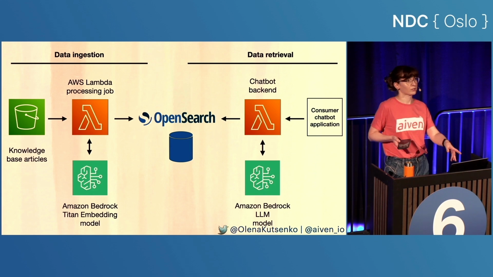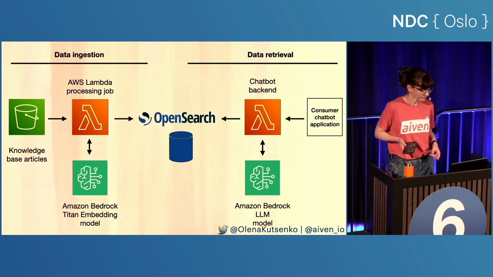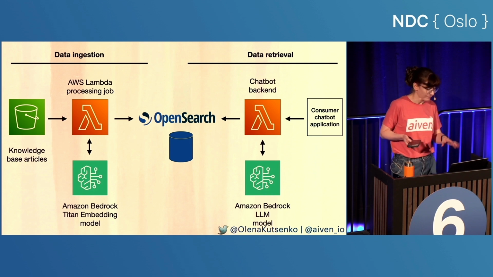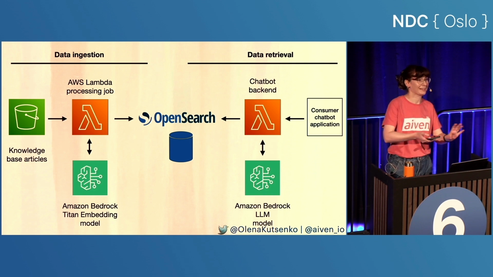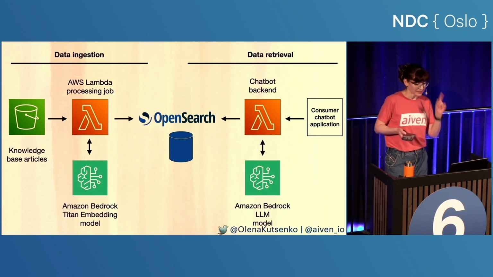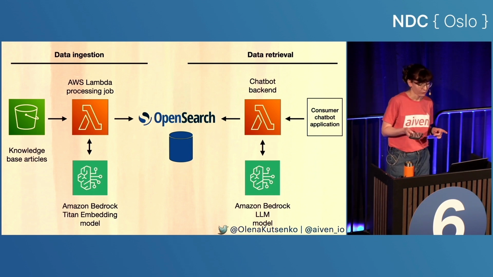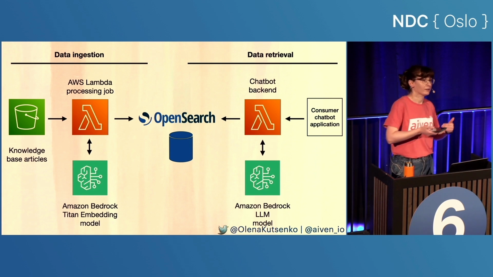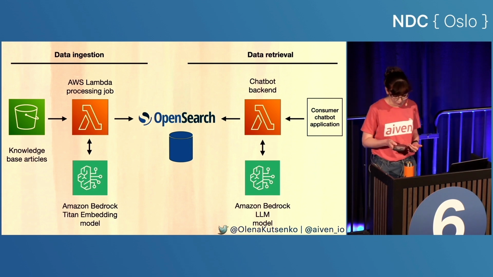Here I also used OpenSearch, because again, it can work with vectors. We could use something else here, it doesn't have to be OpenSearch. Technically, all of this is like Lego. You could use all different items here. The second part was data retrieval, where we actually perform that vector search and combine it with the request to the large language model.